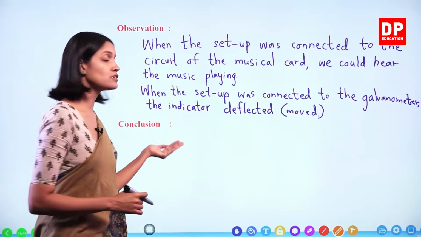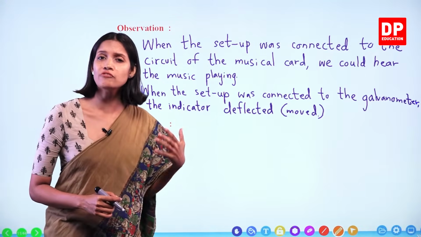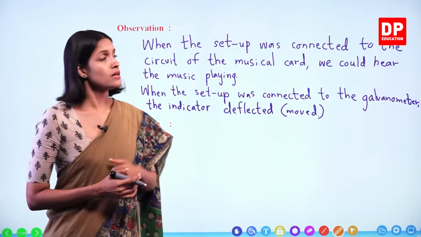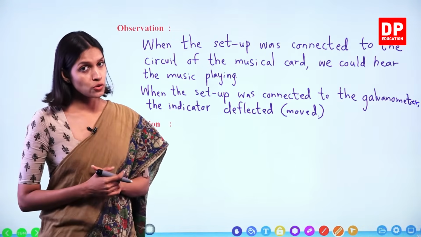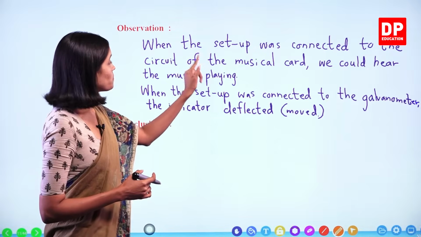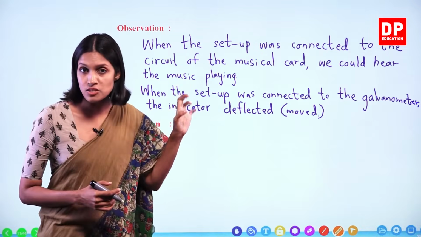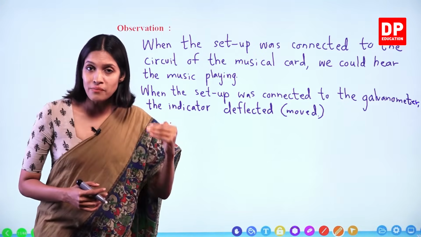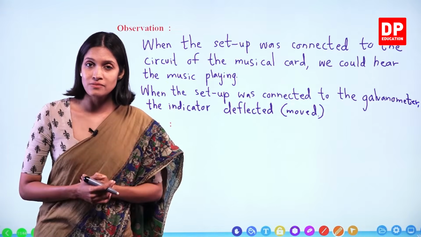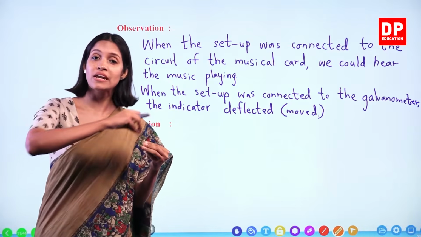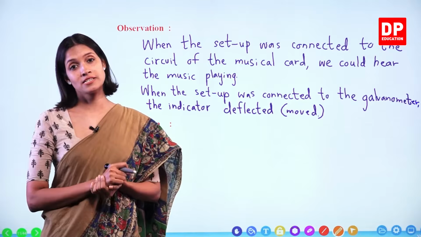Now what is the conclusion? What can we decide after doing this activity, children? Even during the experiment I told you all, in order to play this music in the small circuit, there must be a flow of electricity. Music plays only if electricity flows through the circuit.